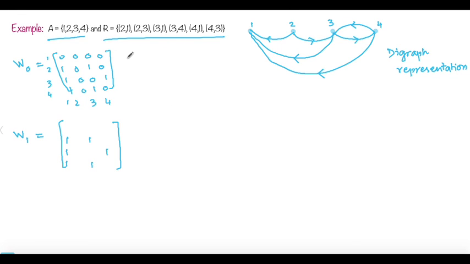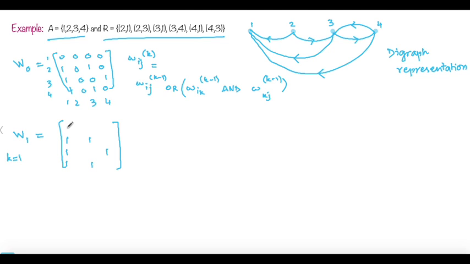So let me write it again here. We have w_ij^(k) is equal to w_ij^(k-1) OR w_ik^(k-1) AND w_kj^(k-1). Now k is equal to 1 here.